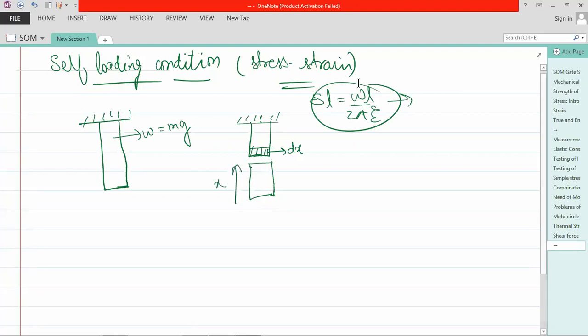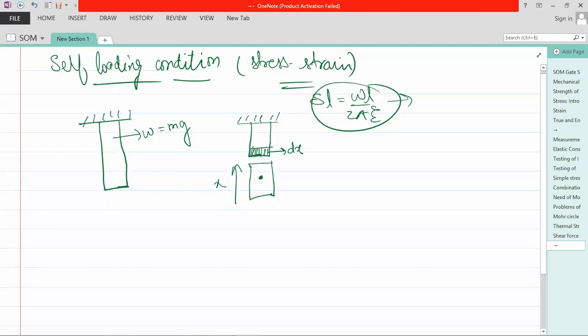Is everyone with me? Please try to see what I'm trying to do. Now, what is the elongation in this element because of this load?